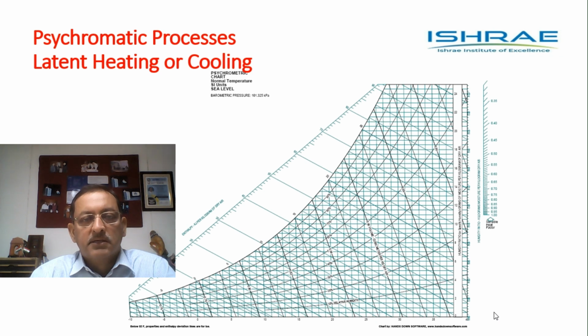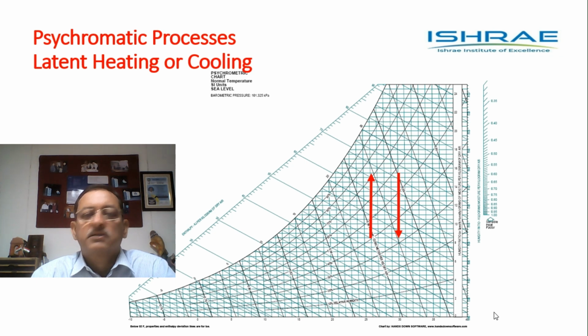Latent heating or cooling, when it is pure, that is also called psychrometric process. What is pure latent heating? We do not change the sensible heat, we just change the moisture content. When we increase the moisture content, that is pure latent heating, and when we decrease moisture content, that is pure latent cooling.